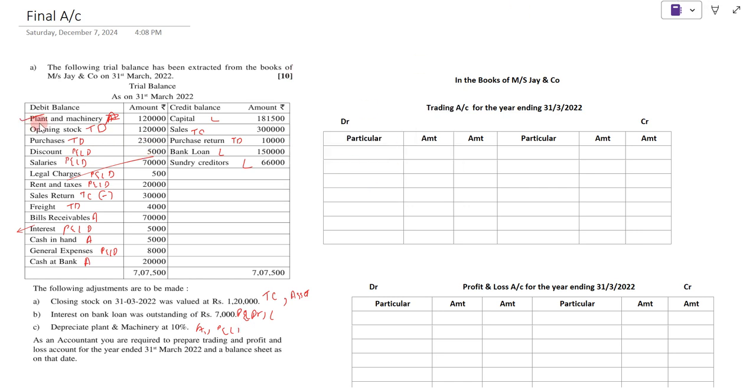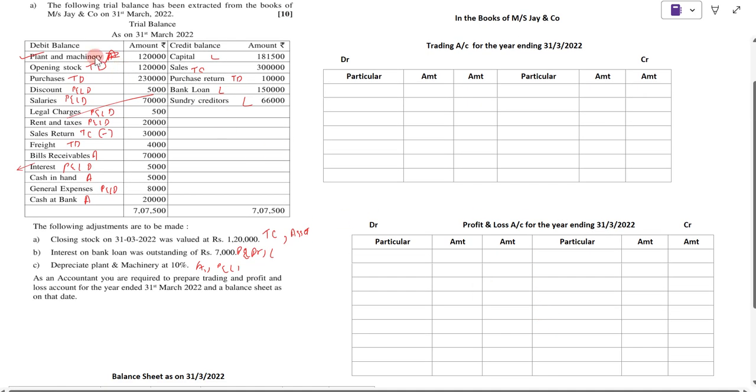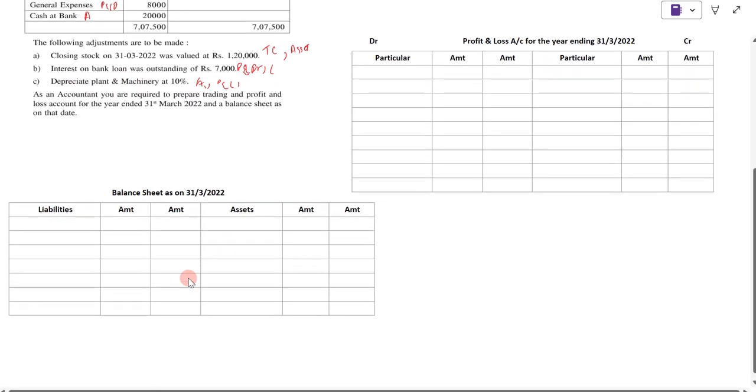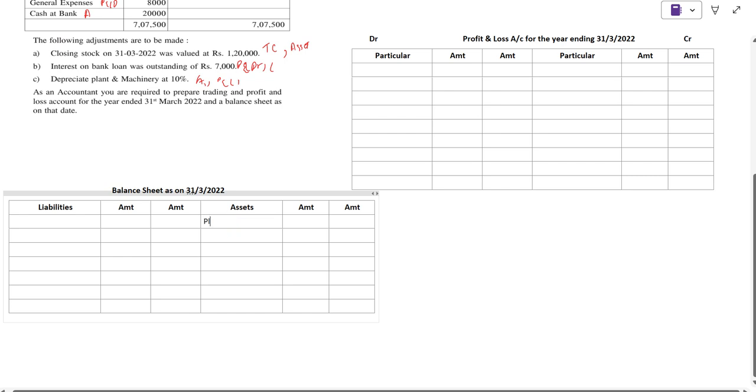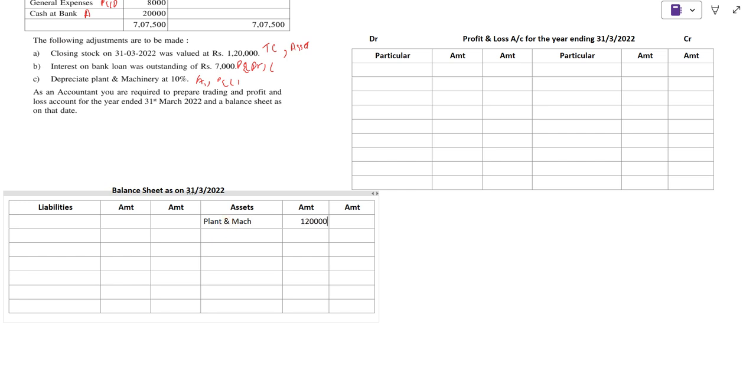Okay, so the first entry we have is plant and machinery, which will go in the asset side. Plant and machinery is 1,20,000. On plant and machinery we have depreciation. In assets like plant and machinery, in the inner column we will write the value 1,20,000, as we have the adjustment, less 10% depreciation.